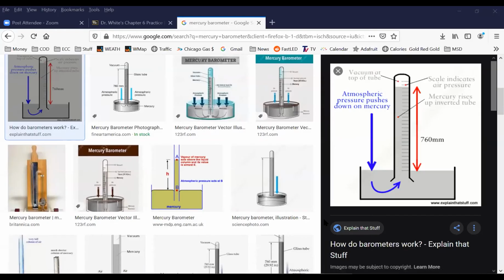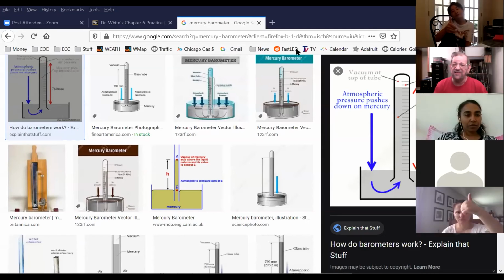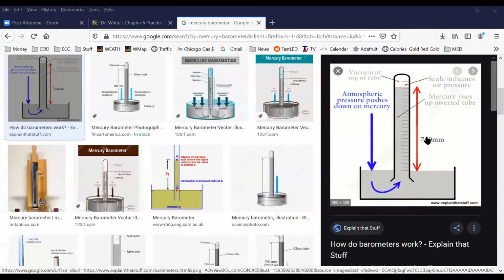We use a barometer. Now, if you look over in the right-hand corner, the original barometer was designed by an Italian, Torricelli. What he did was take a dish with mercury in it. Mercury, the element, is a liquid at room temperature. Then he had a long tube that he evacuated, that means took out all the air in there.